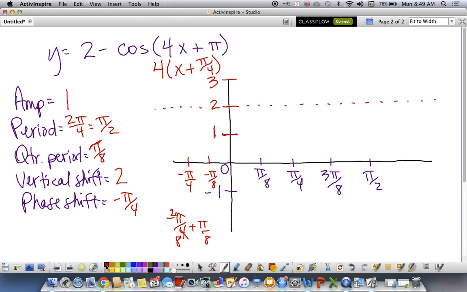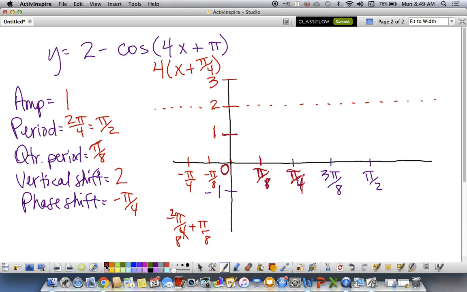Negative pi over 8 plus pi over 8, we come back and hit a 0. 0 plus pi over 8. Pi over 8, I can tell they're not evenly spaced. Pi over 8 plus pi over 8, pi over 4. They're not always going to come out in a line like that so nicely like our last two have.